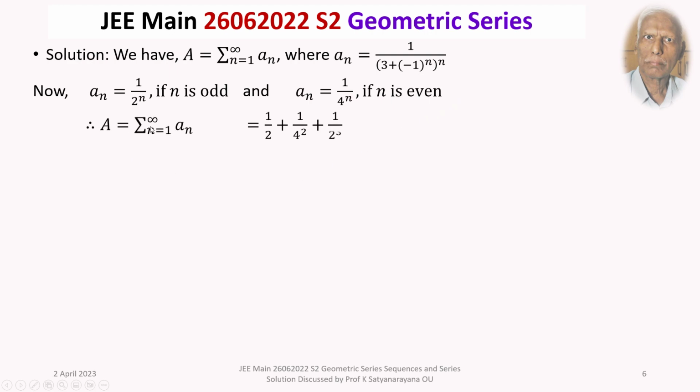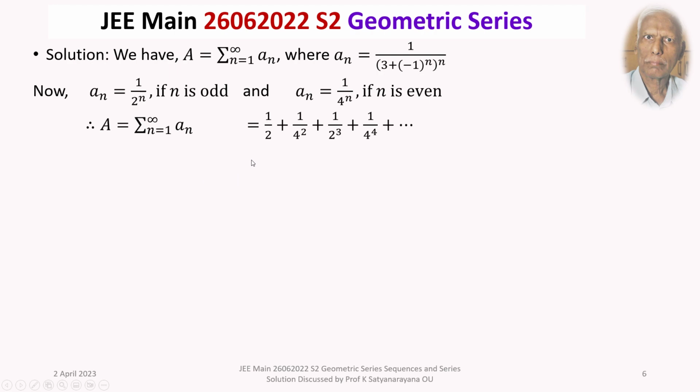Now, capital A is equal to the sum of the series. The series is sigma n is equal to 1 to infinity a1, 1 by 2 because n is odd, plus a2, 1 by 4 square where n is 2 which is even, plus a3, n is 3, 3 is odd, 1 by 2 cube, plus n is 4, 4 is even, therefore a4 is 1 by 4 power 4, plus so on and so forth.